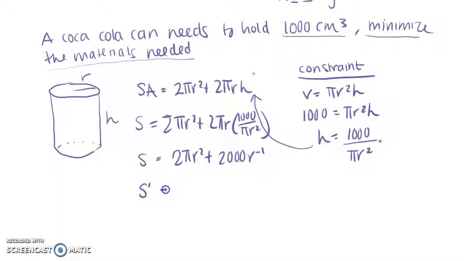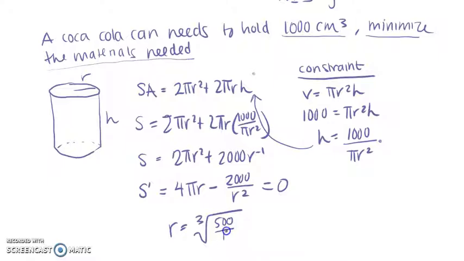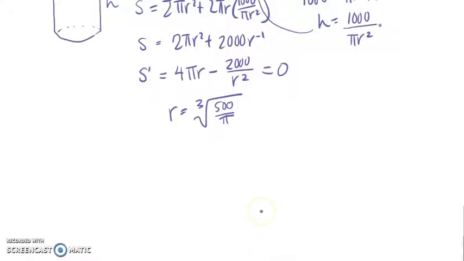So real quick, I'm going to derive this equation, and we get 4 pi r minus 2,000 r to the -2. And if we set this equal to 0, we get r is equal to the cube root of 500 over pi. That is our critical number. If we plug that into a calculator, we get r is about 5.42, and the height is about 10.84.